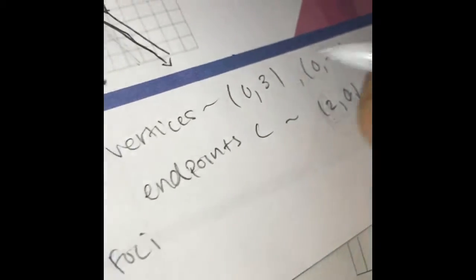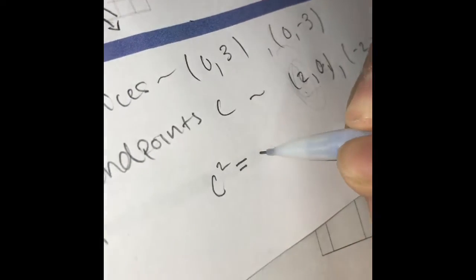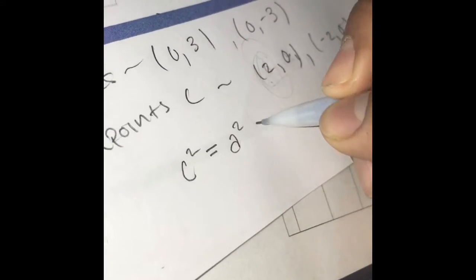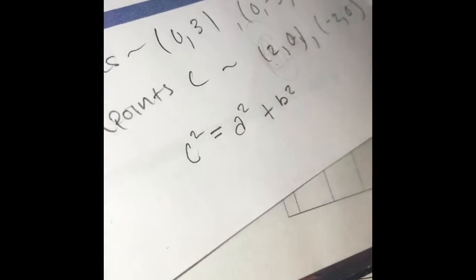we could put it into either equation, and I'm going to just use the Pythagorean theorem, which is c squared equals a squared plus b squared. Let me just plug those numbers in. C squared will be 9 plus 4.